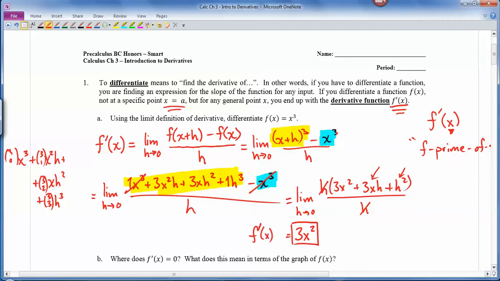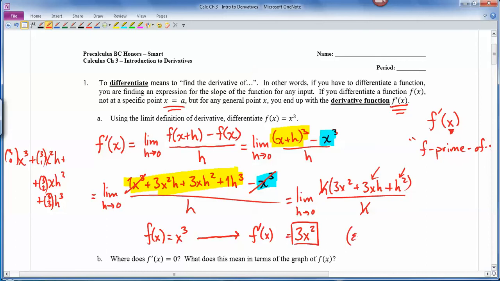So if my function is x cubed and I wanted to figure out the slope when x was, say, 2, I'd do f prime of 2 and plug in 3 times 2 squared and get 12. That means the slope when x is 2 is 12.